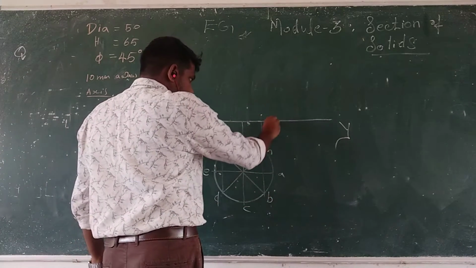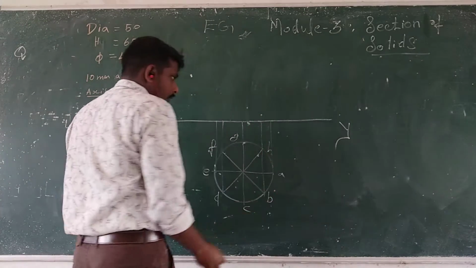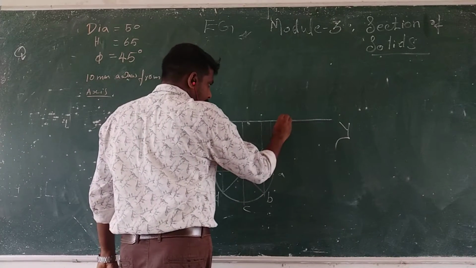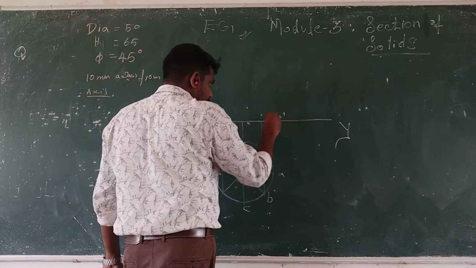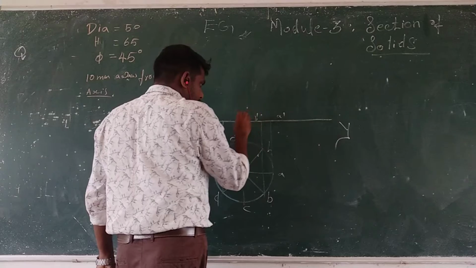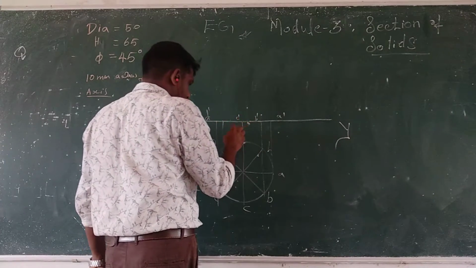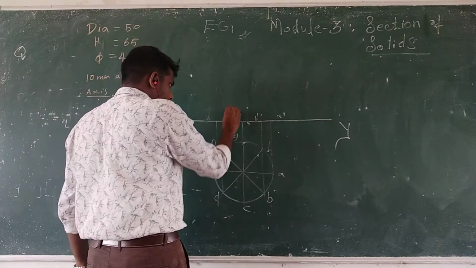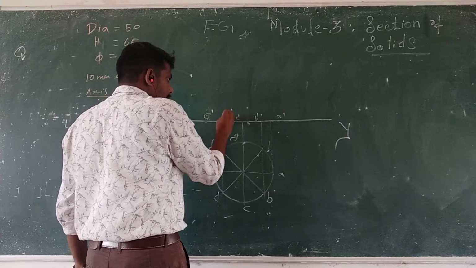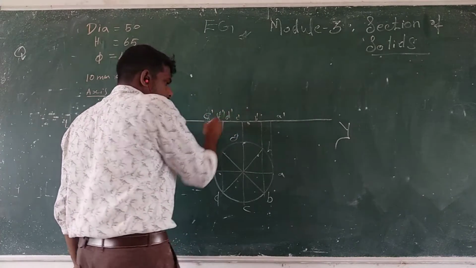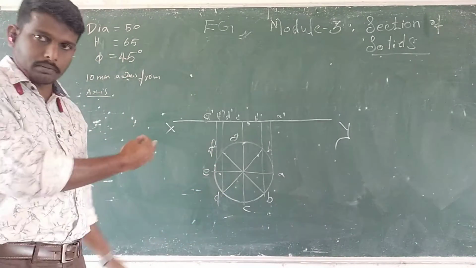Then draw the front view of the cone. Project all the points to the front view and name them A dash, B dash, C dash, D dash, E dash and F dash in bracket, because we cannot see F dash in the front view.